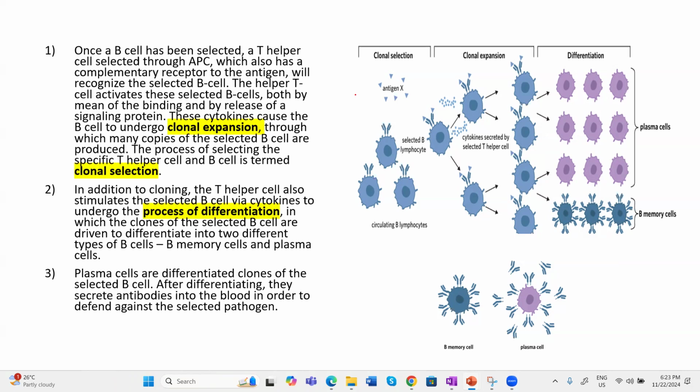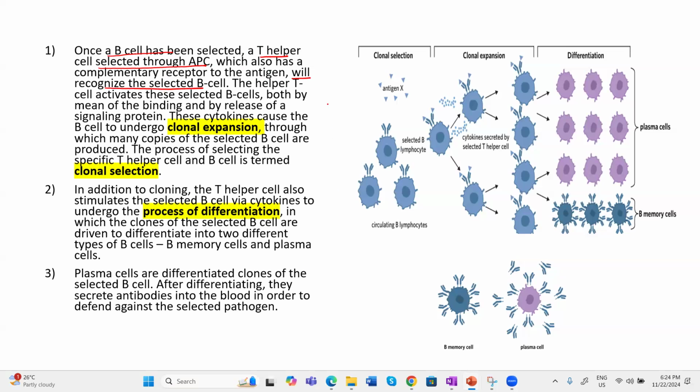And this T helper cell, which is selected and is activated, will now bind with the B cell to activate the selected B cell. So once the B cell is selected, the T helper, which is selected through the antigen presenting cell, will bind with the selected B cell.